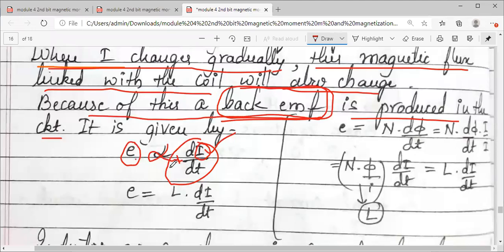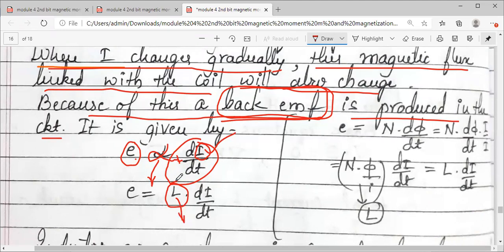So E is directly proportional to di by dt, the change in the current. If I remove this proportionality sign and make it an equal sign, there will be some constant. That constant, let me denote it as L. We call this L inductance. We will study what is self inductance and what is mutual inductance.